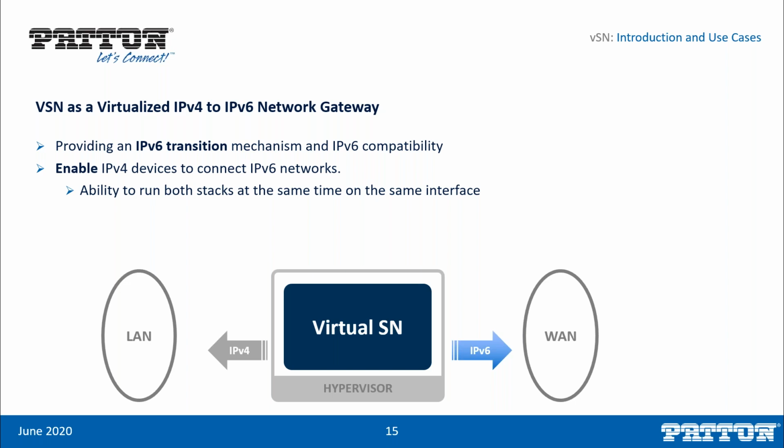And because it is virtual, it allows for scalability. If there is more traffic that needs to be handled, additional Virtual SmartNode instances can be started, or you can allow more CPU performance for this Virtual SmartNode, or give it some more memory. So everything is possible in a quite easy way.